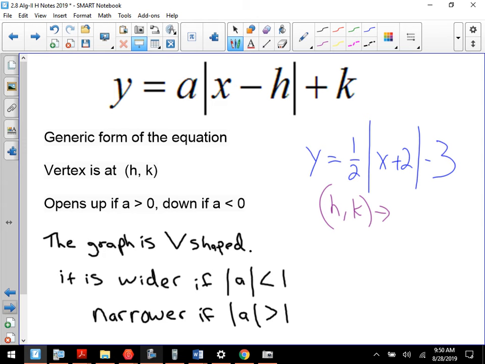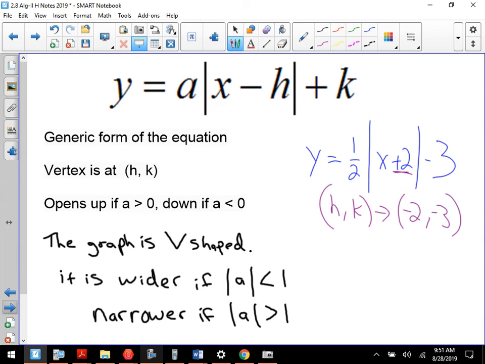If it says plus 2, what's my h? Remember the generic form is x minus h, and this is plus 2, so what's your h? -2. The h value is the opposite of that sign. The k value is always the same.